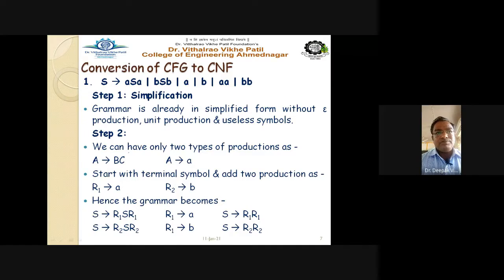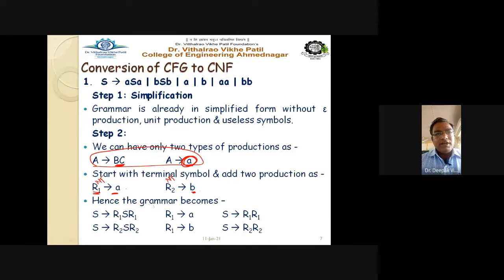Every rule must be in this format: on the RHS there must be 2 non-terminals, or only one terminal. So first we introduce 2 non-terminals producing terminal a and terminal b. R1 is a new non-terminal, and R2 is another. So R1 gives a and R2 gives b. Now just rewrite the grammar again.